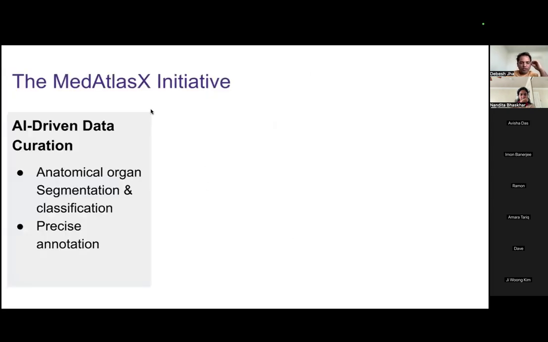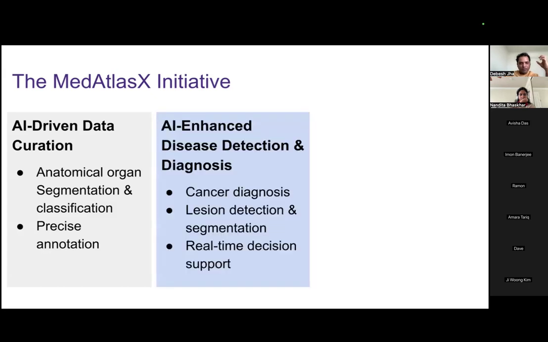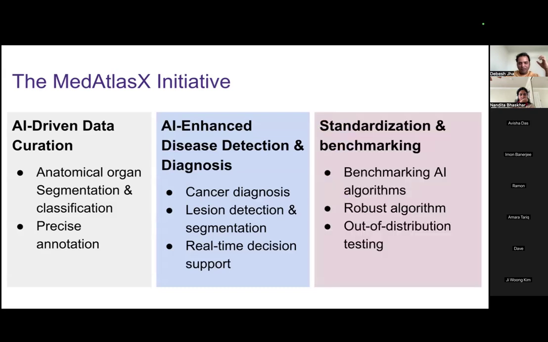And we call our project MedAtlas X, where we go from data-driven data curation to AI-enhanced disease detection, and then we standardize and benchmark. So we not only develop data, this is our entire pipeline. In AI-driven data curation, we segment some of the anatomical structures and give precise annotation.